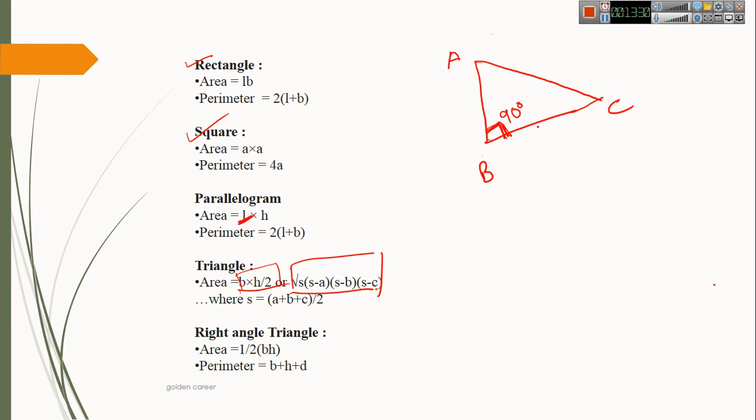We can take AB as base and BC as height, or BC as base and AB as height. So here the area will be half into the sides which make the 90 degree angle.